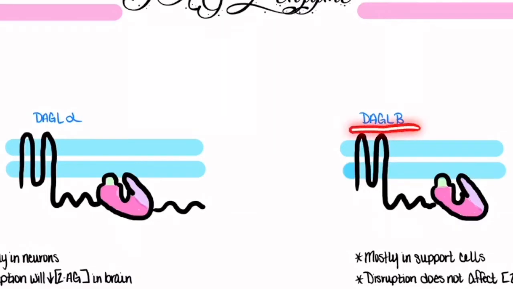DAGL beta is mostly found in support cells like microglia. DAGL alpha is actually absent in these support cells mostly. A small number is found within the CNS, and when I say a small number, I do mean DAGL beta.